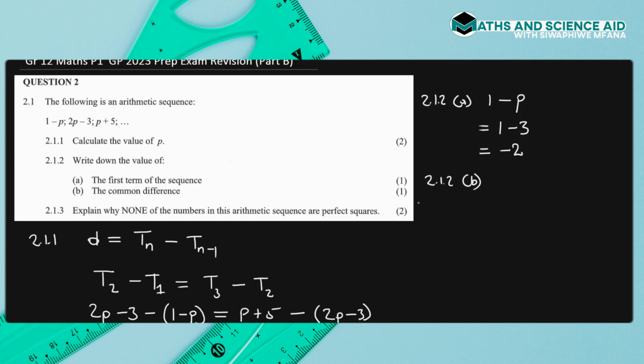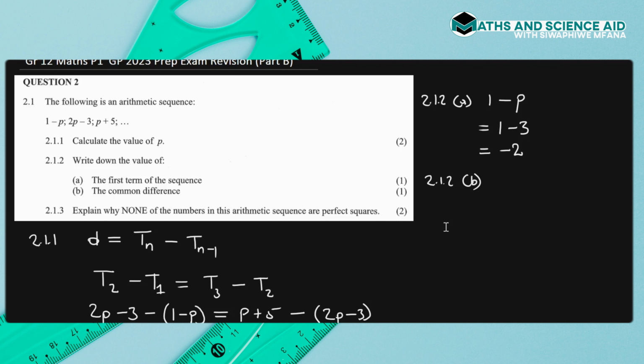And now let us look into 2.1.2b. 2.1.2b says write down the value of the common difference. We can get the common difference by working out the difference of T2 and T1, or the difference between T3 and T2.